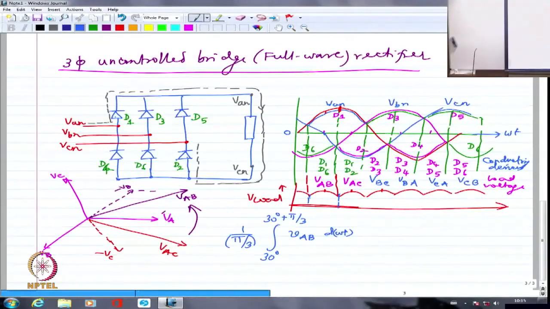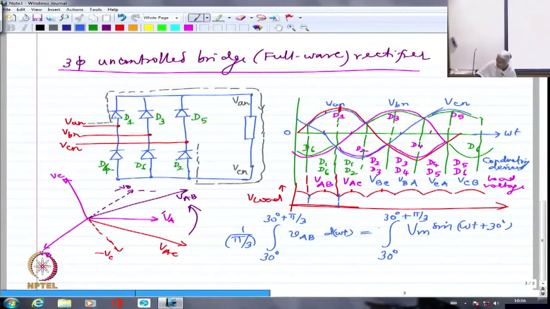So I write this as Vm sine(omega t plus 30 degrees), integrated from 30 to 30 plus 60, or pi by 3, times 1 by pi by 3. Vm is the line voltage peak.